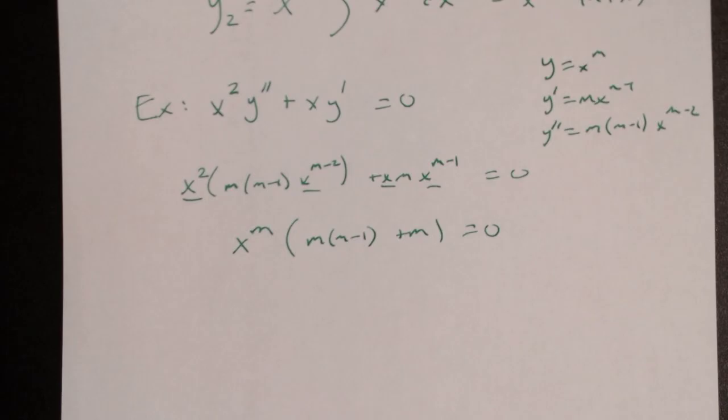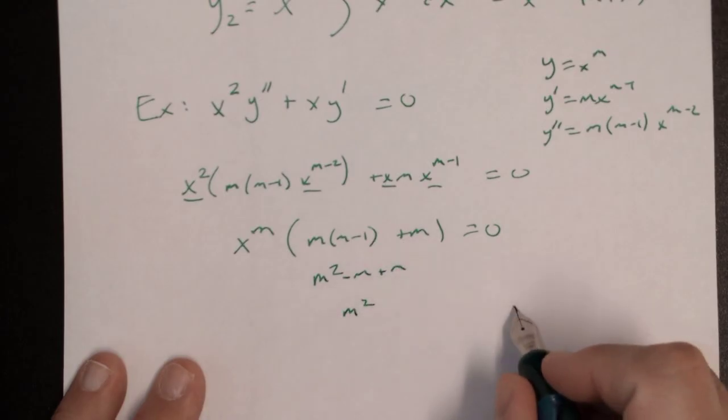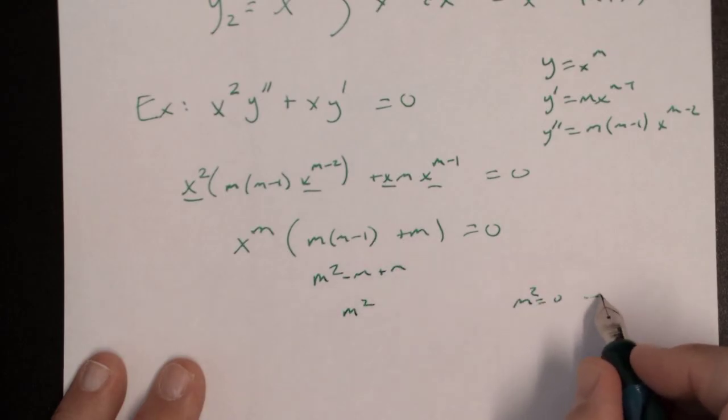What is my auxiliary equation when all is said and done? So I want m squared to be equal to 0. What's my repeated root?